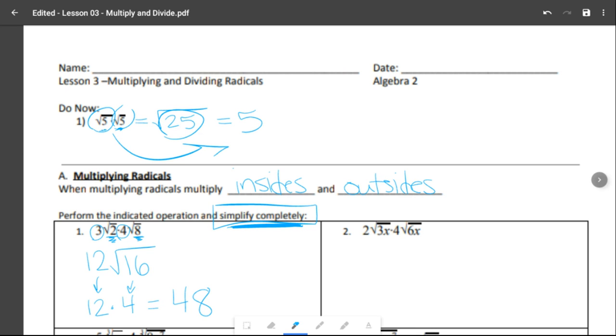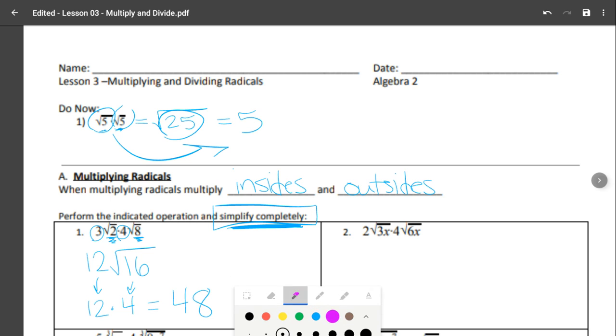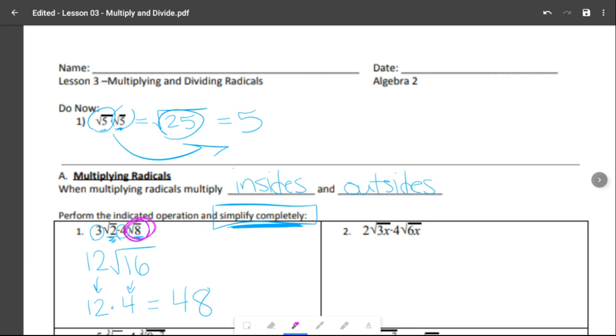Now, you could have simplified the radical 8 that was originally there first if you wanted to. However, after you take the product, you would still have to simplify again. So here's where multiplying and dividing is different from adding and subtracting, because when you go to multiply and divide, I would hold off on the simplifying until the end if I were you.